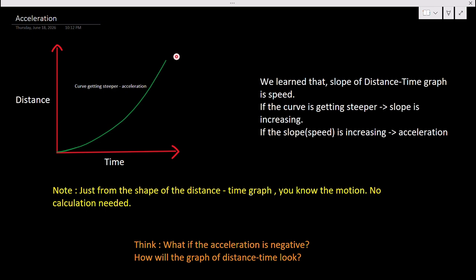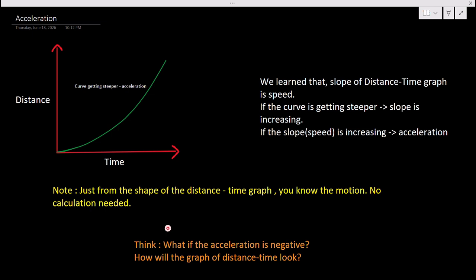But what if the acceleration is negative? If the acceleration is negative, how will the graph of distance time look like? Think about it, and let me know in the comments. You should have pretty good understanding from the concepts learned till now.